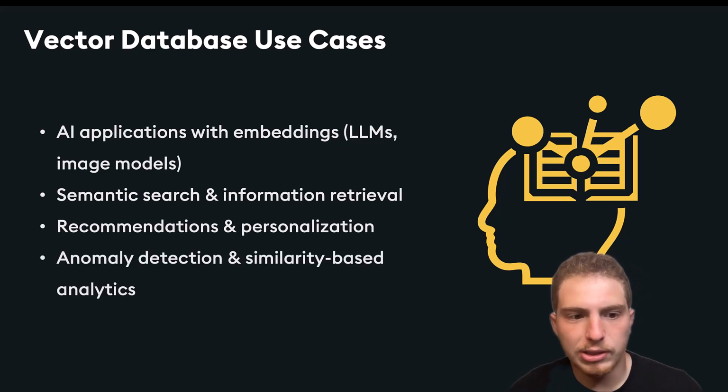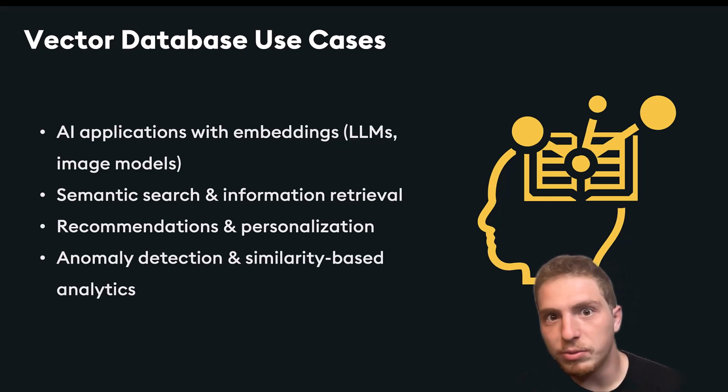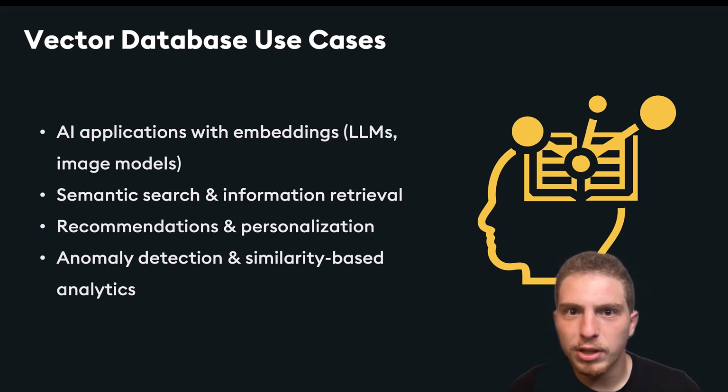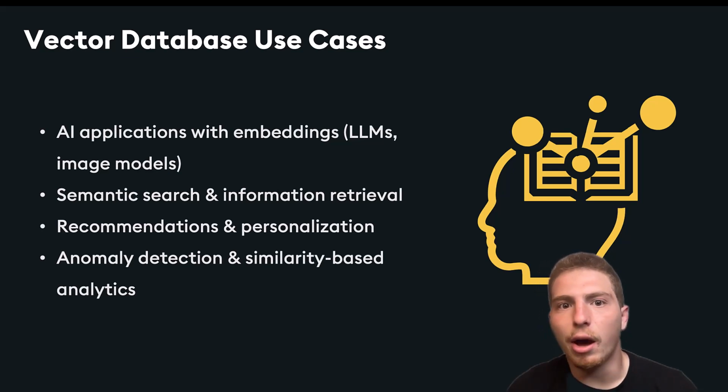Another use case is anomaly detection and similarity-based analytics. If you have some data and you want to test whether it's an anomaly, you could look at the other data in your vector database and see if it's similar. And if it's not similar at all to your previous data, it's likely an anomaly.